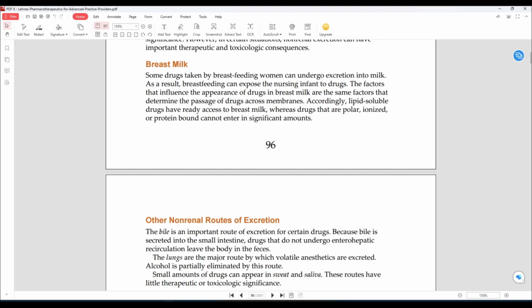As a result, breastfeeding can expose the nursing infant to drugs. The factors that influence the appearance of drugs in breast milk are the same factors that determine the passage of drugs across membranes. Accordingly, lipid-soluble drugs have ready access to breast milk, whereas drugs that are polar, ionized, or protein-bound cannot enter in significant amounts.